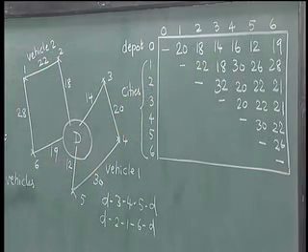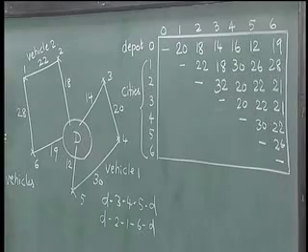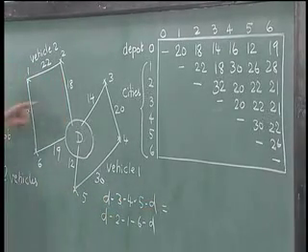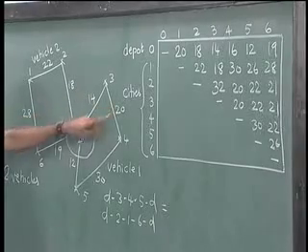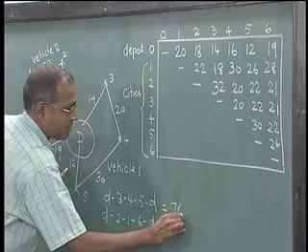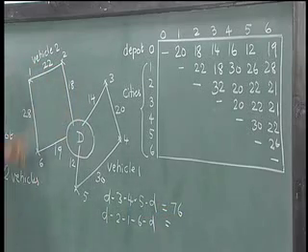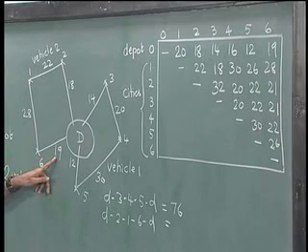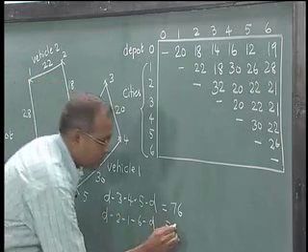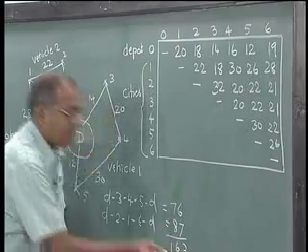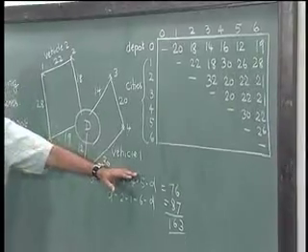So, we might say that for this feasible solution the total distance travelled would be 14 plus 20, 34, 34 plus 30, 64, 64 plus 12, 76, and 18 plus 22, 40, 40 plus 28, 68, 68 plus 19 is 87, and the total distance travelled is 163 for this feasible solution.